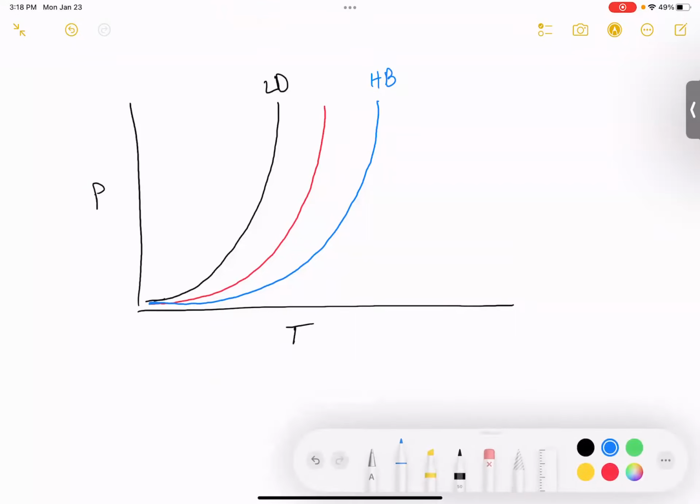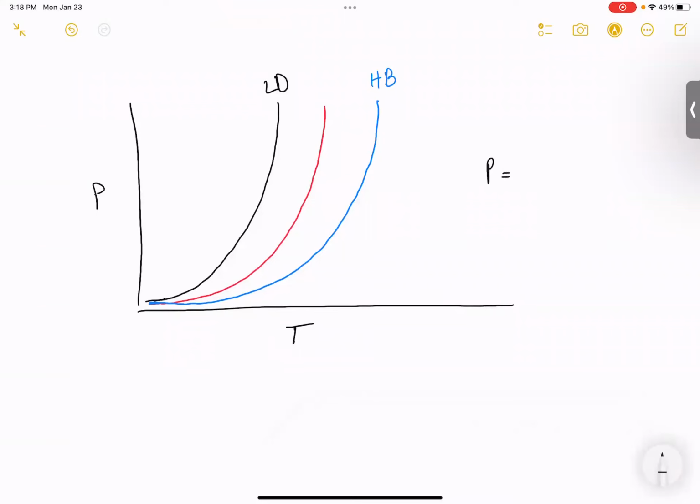Now, if we were to get the equation for this particular curve, it would be pressure is equal to some constant, beta in this particular case, times e to the negative delta H over RT. In other words, we have an exponential function when we're graphing.